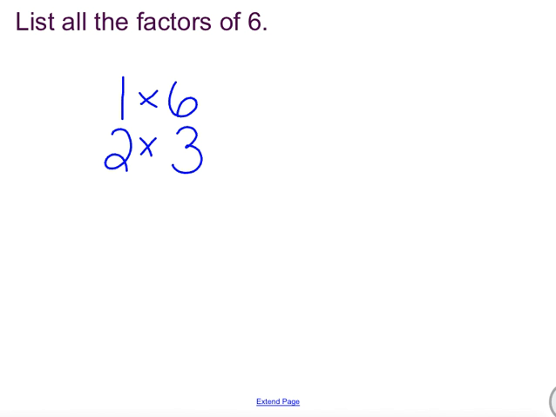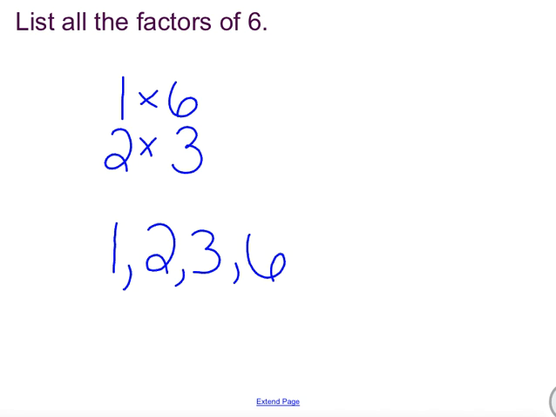We list the factors in order from least to greatest. So if you will notice, least to greatest, I'm going to do 1, 2, 3, 6. Okay?